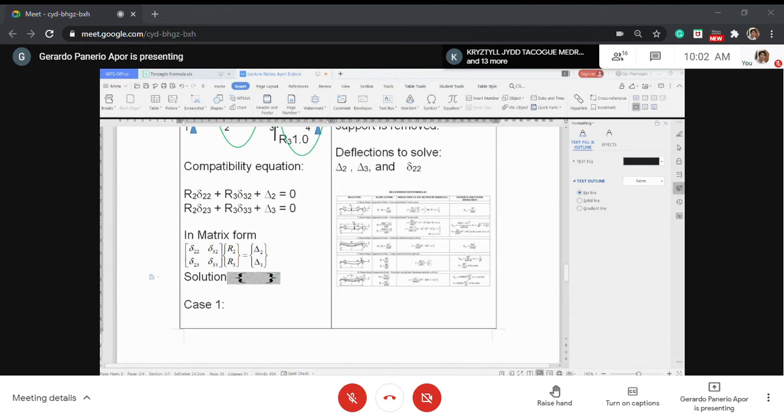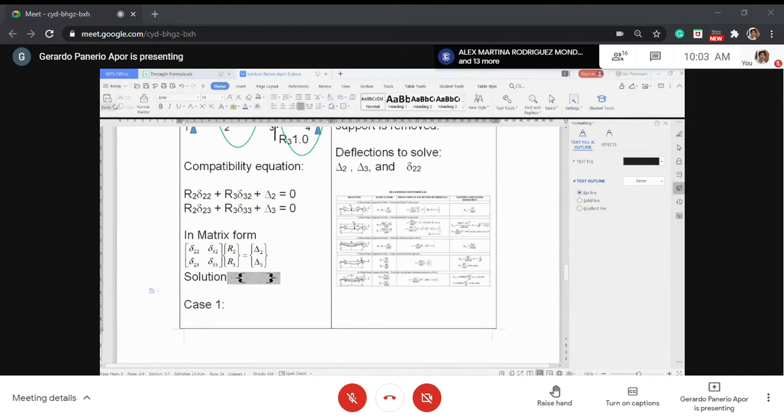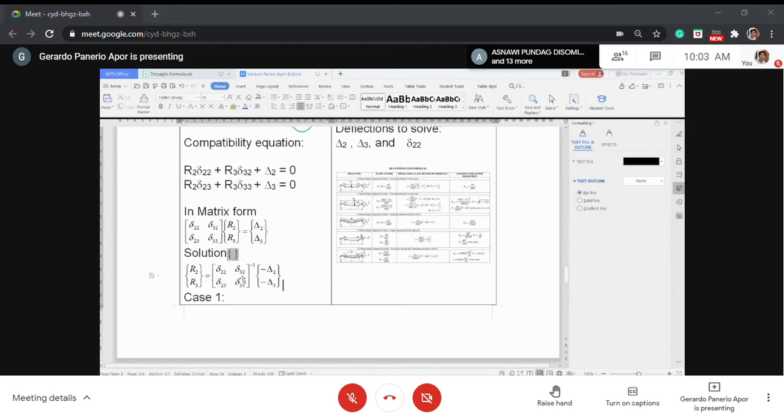I forgot to put negative in here. So that's the inverse. Okay. So that's the solution. All of these are constants. You can solve that.